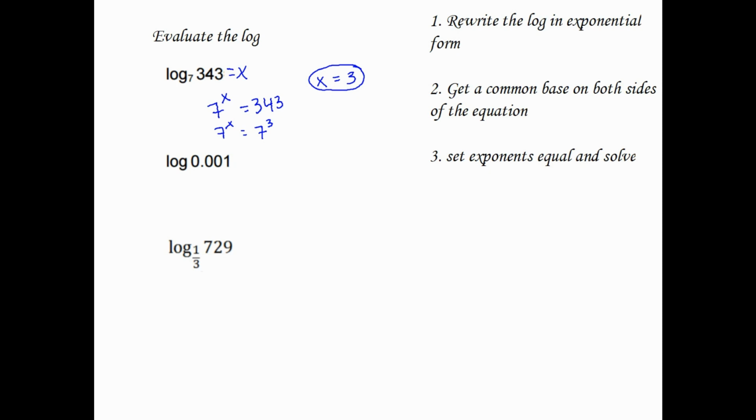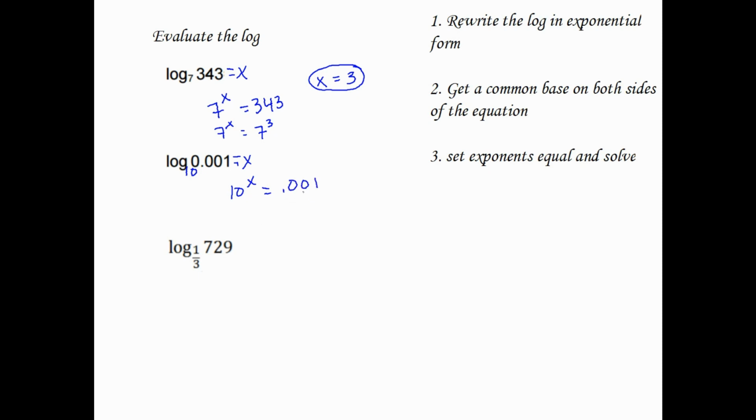All right, moving on. When we're writing our next one in exponential form, we have to remember that my base is 10. It's not written, but my base is 10. So when I write this out, and this is going to be equal to x, we're going to have to write 10 to the x equals 0.001.